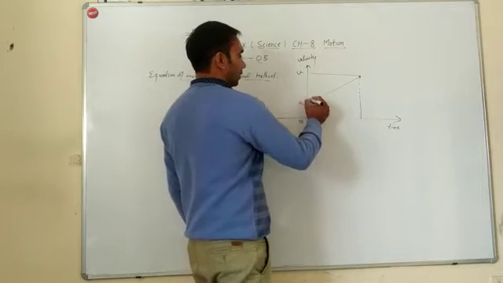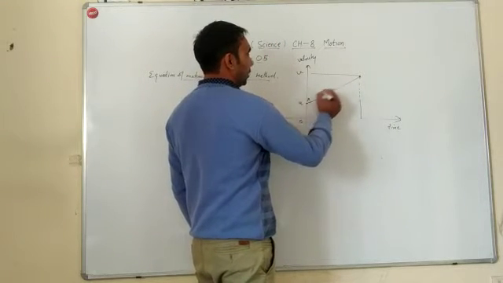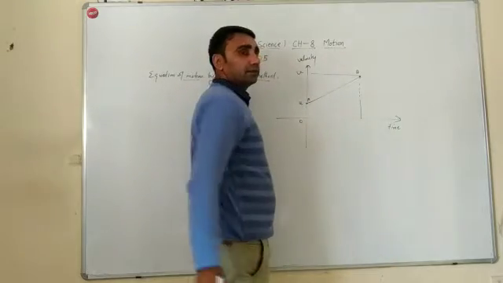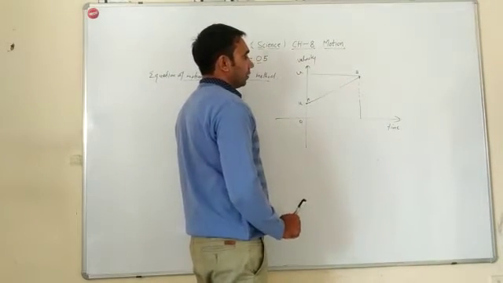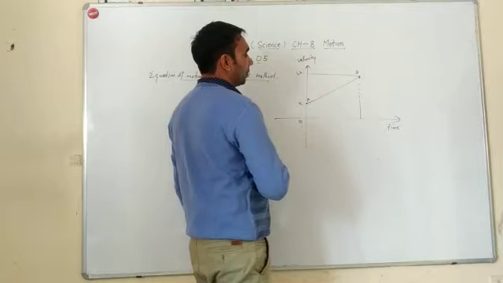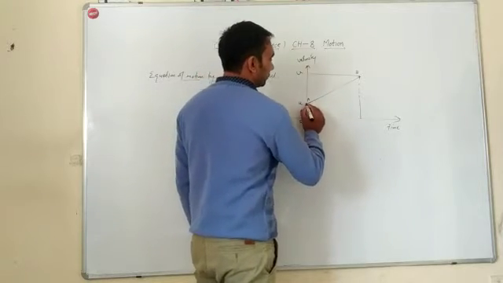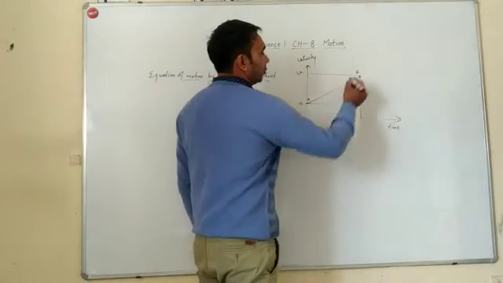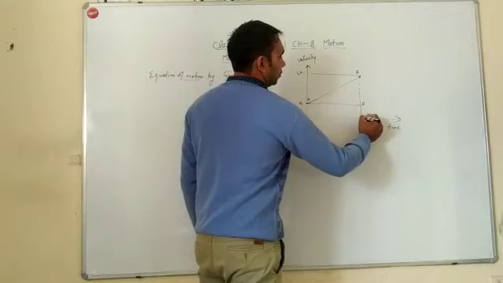The graph of the object is AB. Now draw perpendiculars from point A and point B. This point is D and this point is E.